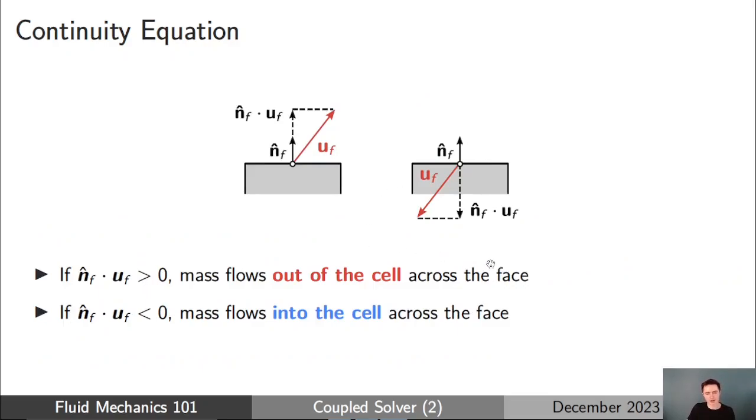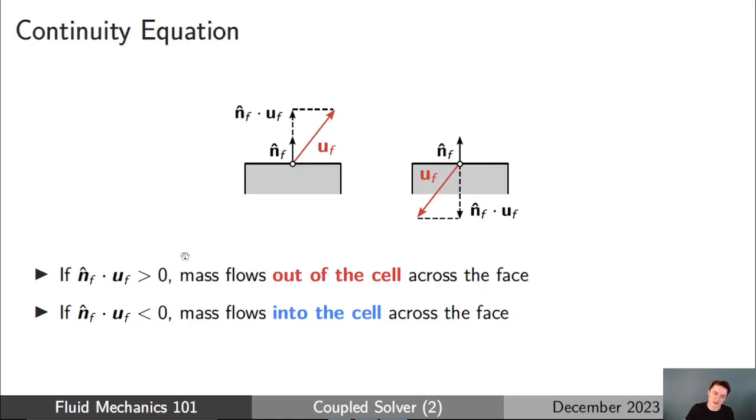And we can think about this unit normal vector in a little bit more detail as well. It tells us some further detail. Because the unit normal vector always points out of the cell, then if we remember some of the properties of our dot product, if the dot product with the velocity field is greater than 0, that's telling us that the velocity vector is pointing out of the cell. But of course, if the velocity is pointing in the opposite direction to the unit normal vector, then the dot product will be less than 0.